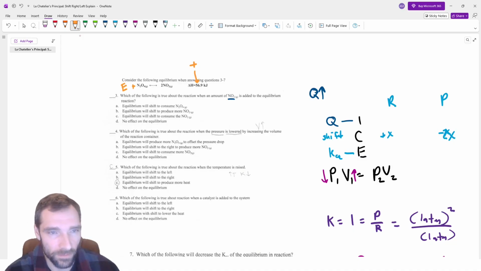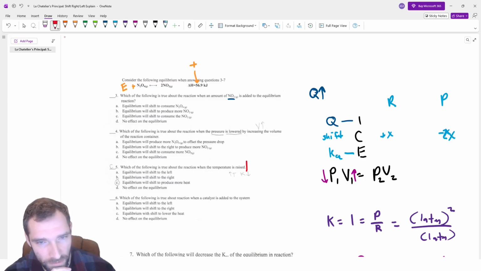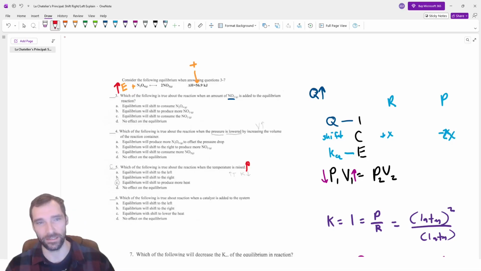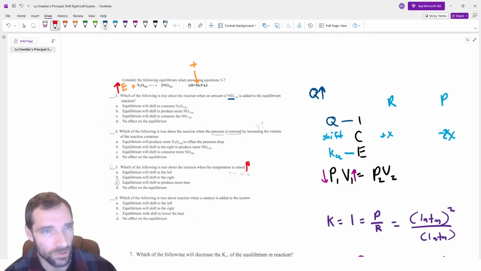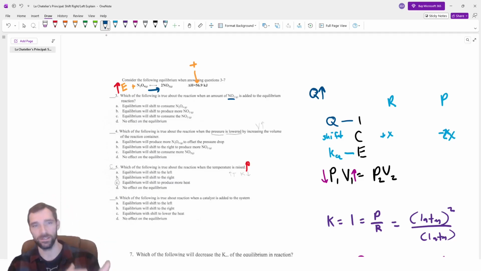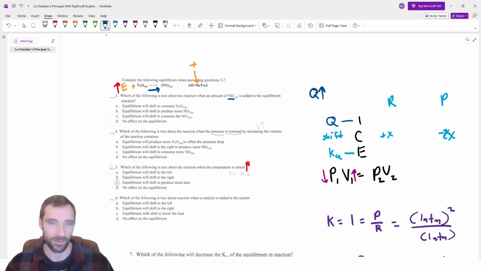So if we think of energy as a reactant, when the temperature is being raised, that causes the amount of energy to be bigger, and that's like having a reactant that's bigger. That's the cause, and the effect is that it should shift this to the right. It's kind of like you have too much reactant in this situation, but if the energy was on the other side of the equation, we would have the opposite effect, shifting to the left. So for exothermic, it shifts the other way.